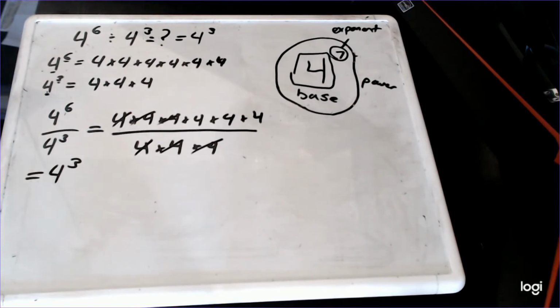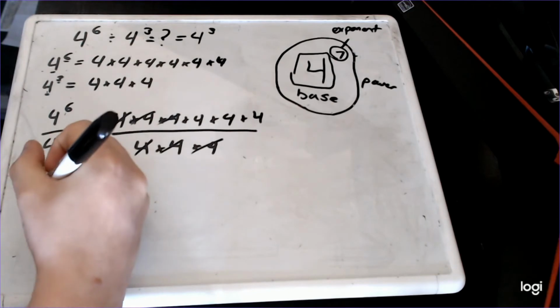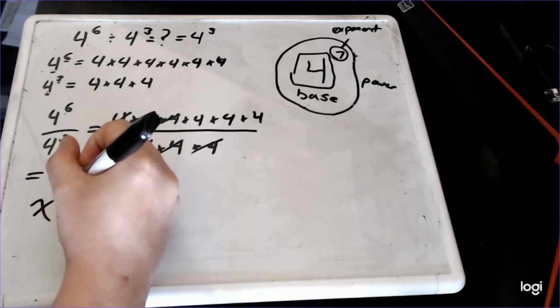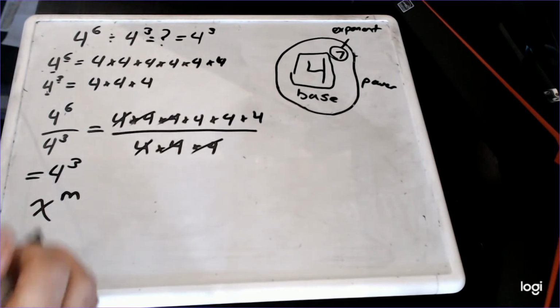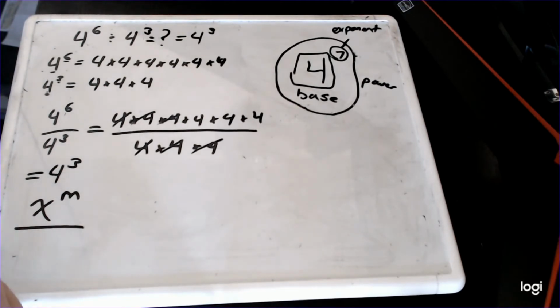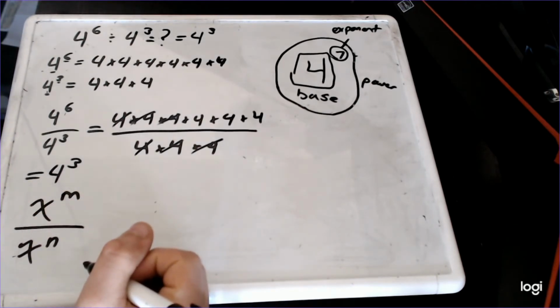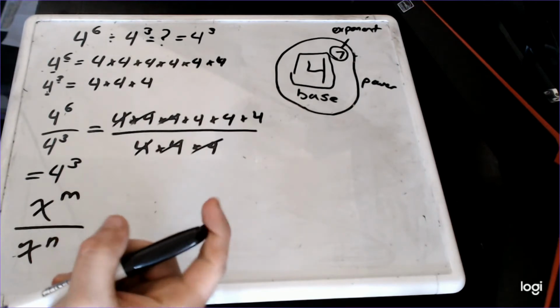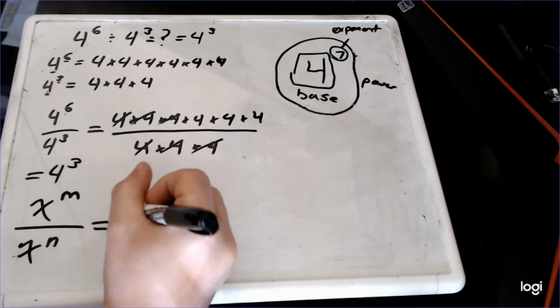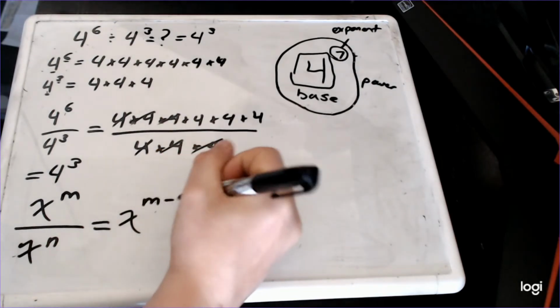Okay? And because of this, we now have a rule. We can derive a rule from this. We can say that any x to the m divided by any x to the n, remember these bases have to be the same, equals x to the m minus n.